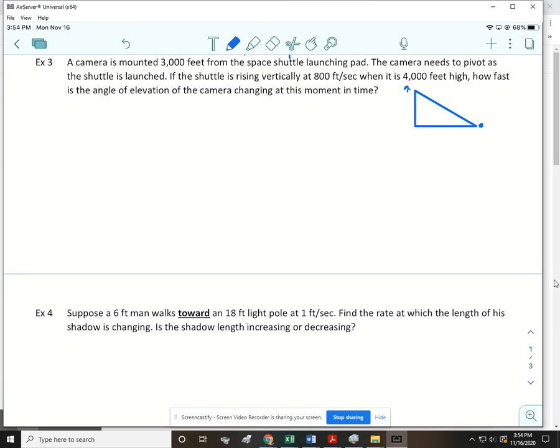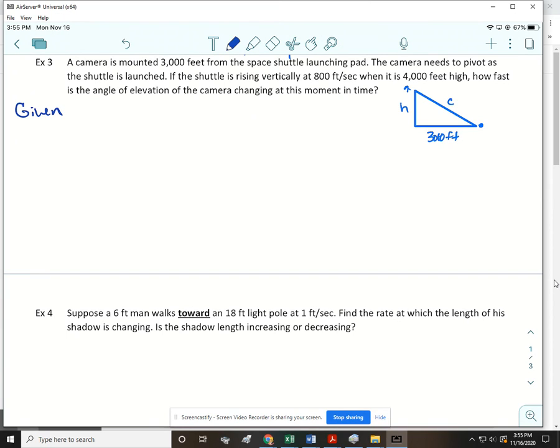Here's our space shuttle taking off. I know that the camera is 3,000 feet away. That is not going to change, that's a constant. But the space shuttle is moving up, so that height is changing, and the distance between the camera and the space shuttle is also changing. We are going to need it. Okay, let's write down what we're given.